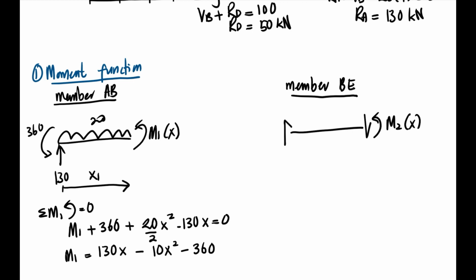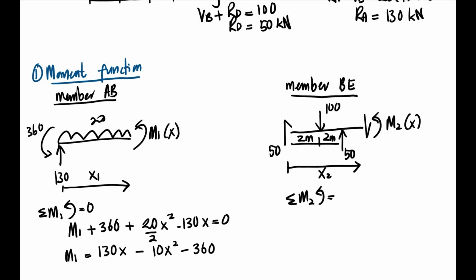This is VB, which is 50, and then you have the 100, and then we have 50 at D. So we start here at x2. So this is 2 meter, 2 meter. Summation of moment 2 equal to 0.